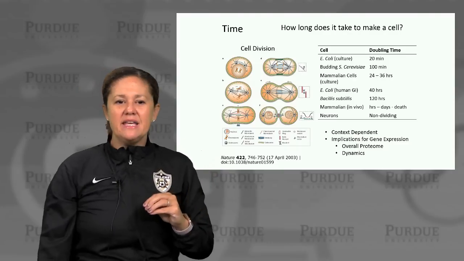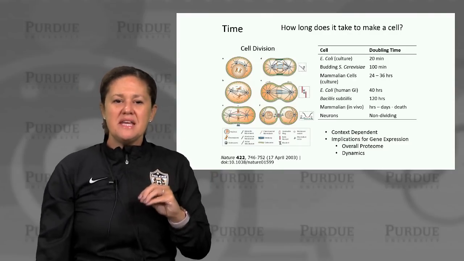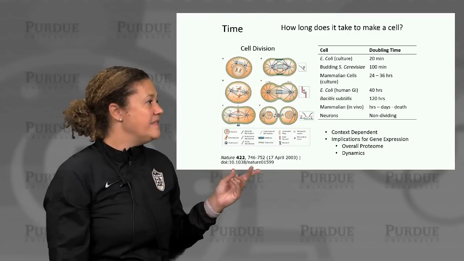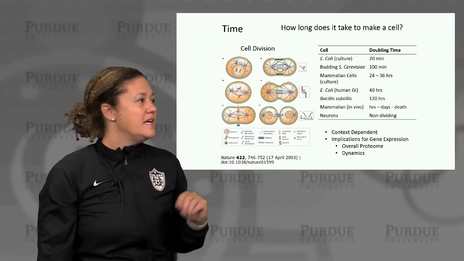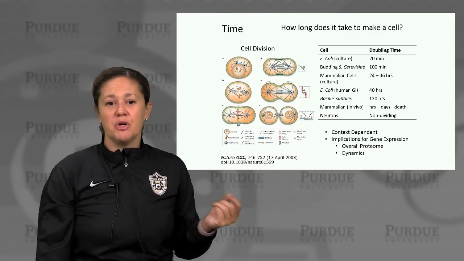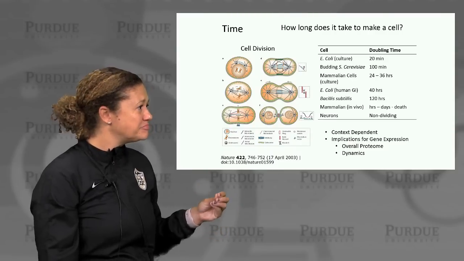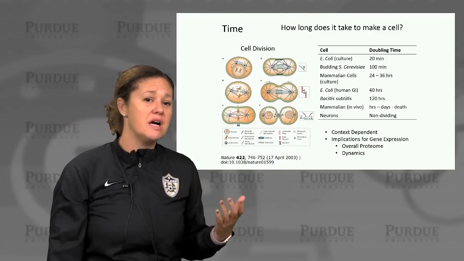So going back into our cells, let's ask the question of how long it takes to make a cell. Again, this varies by cell type. Generally it's different for prokaryotes and eukaryotes, with prokaryotes being faster. And it also depends on the environmental context.